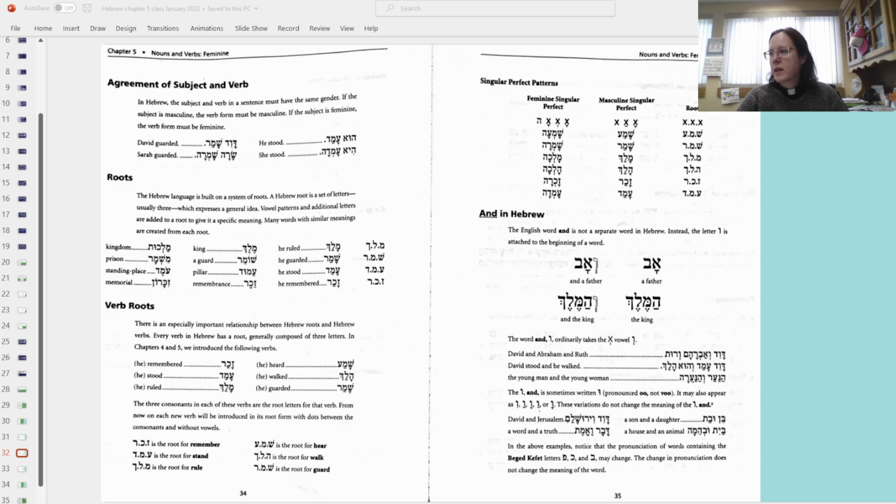And they give examples of the sentences. They also give examples of when it's sometimes written with a dagesh in the middle and it's pronounced oo. Now, it says not vu, but I was also taught that it could be vu. It's not totally incorrect, but you can also just say oo.